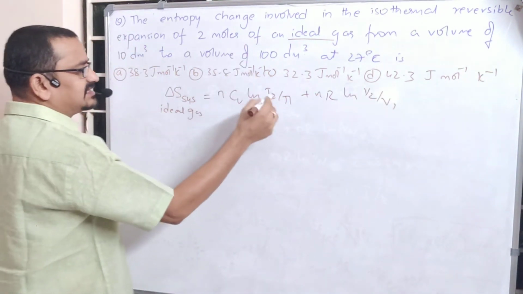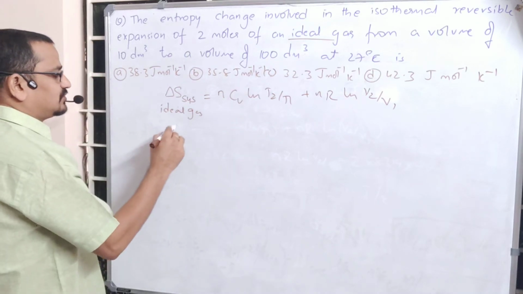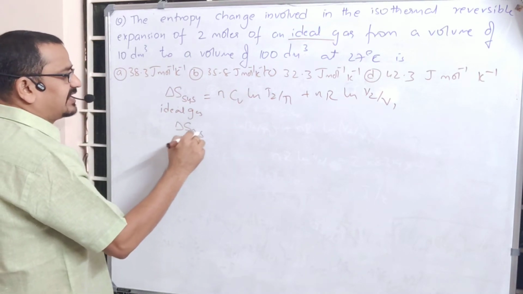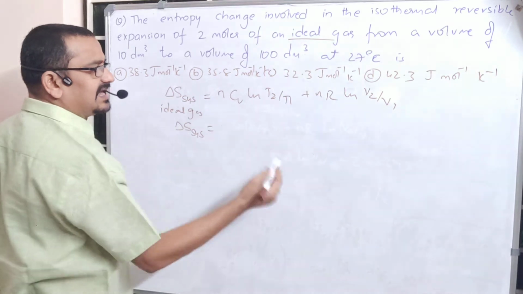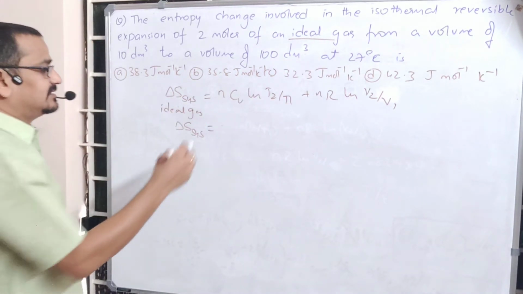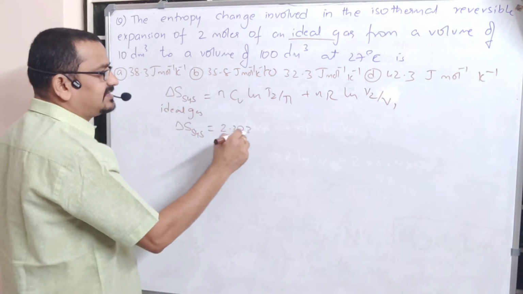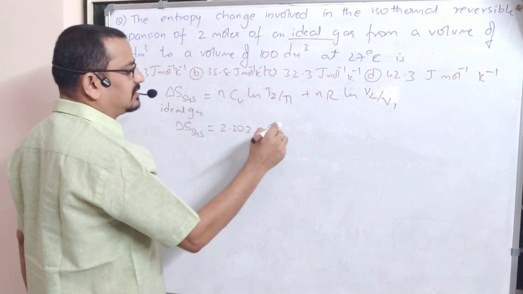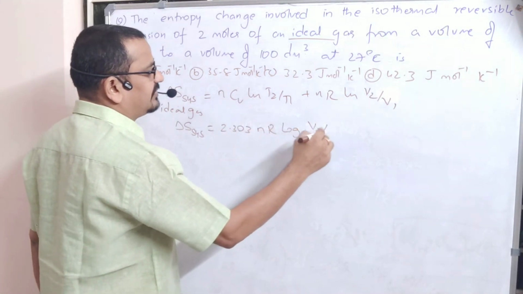As it is an isothermal system, T1 and T2 will be the same. So the entropy change of the system is given as ln to the base e; convert it into logarithm to the base 10. It will be 2.303 nR log V2/V1.